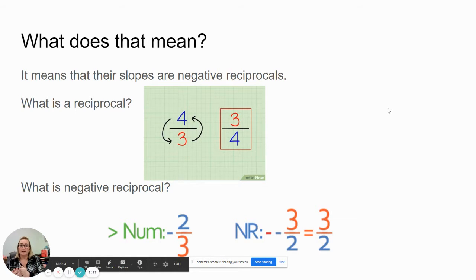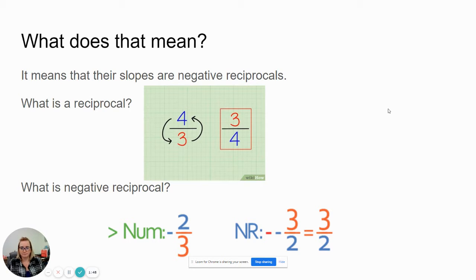So if one slope is negative, the next one will be positive and vice versa, okay? So only one of your perpendicular slopes can be negative. The other one has to be positive. That's the only way that we can get that 90-degree angle. And then you have to make sure you do a reciprocal, okay?